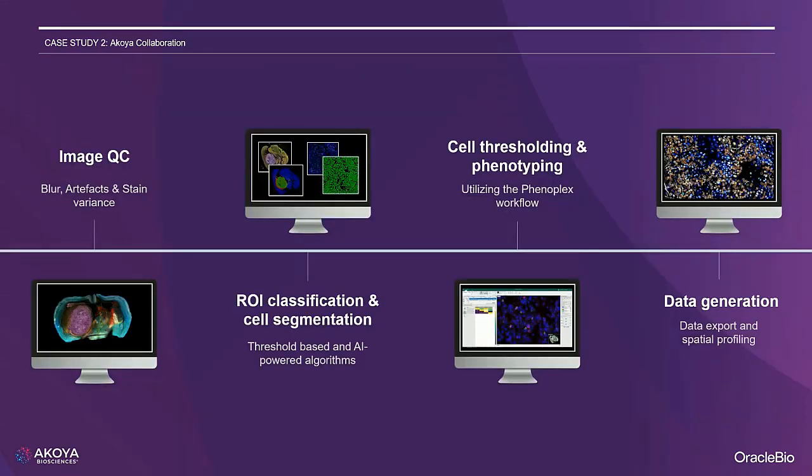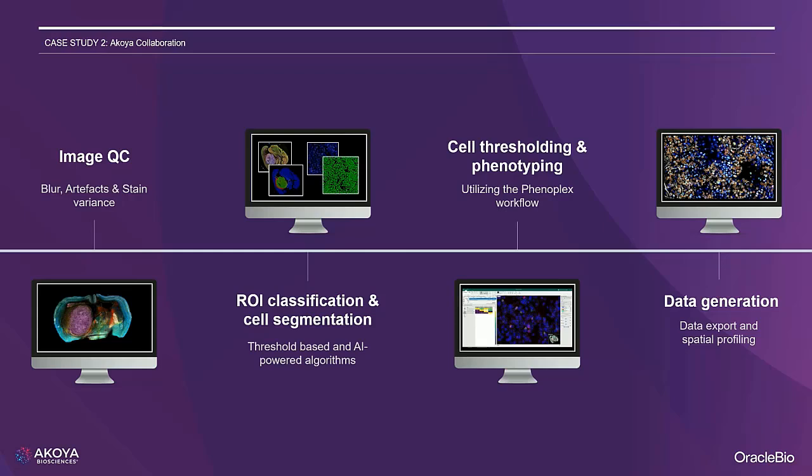This slide gives an overview of the standard image analysis workflow we follow at OracleBio. For this collaboration, Akoya provided an image QC report that highlighted specific markers that were presenting with a low signal-to-noise ratio and that were therefore excluded from the analysis.